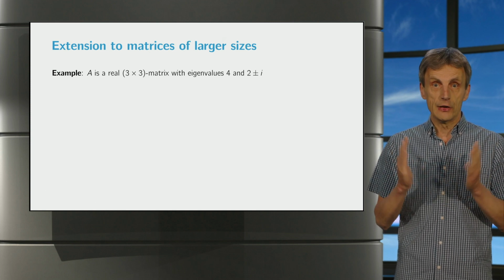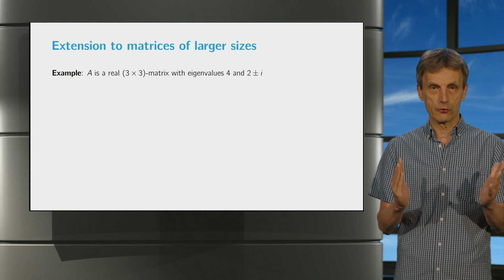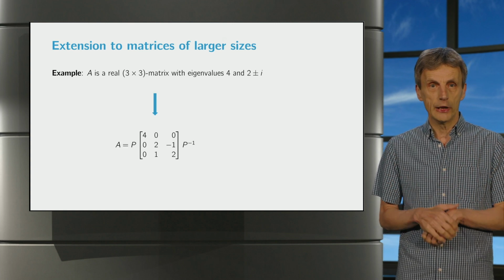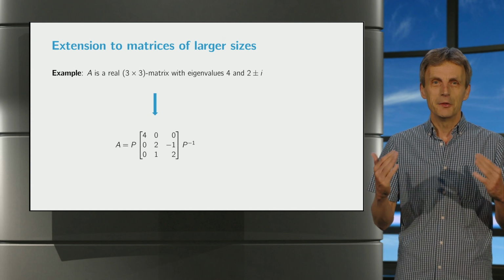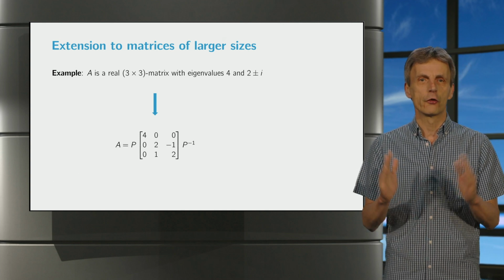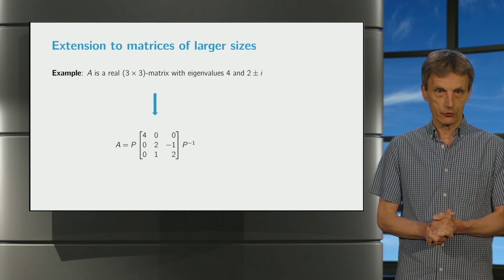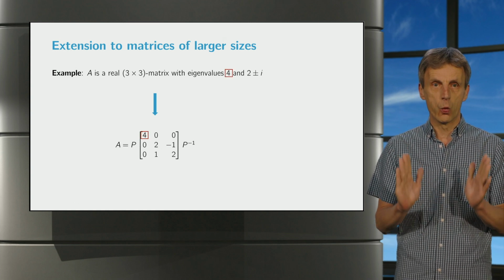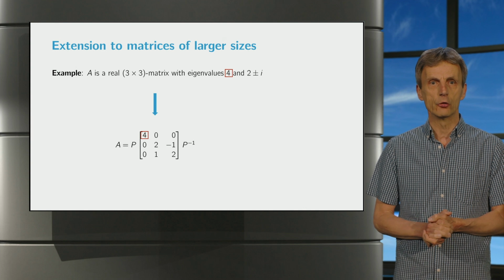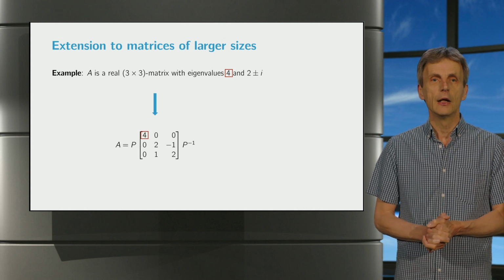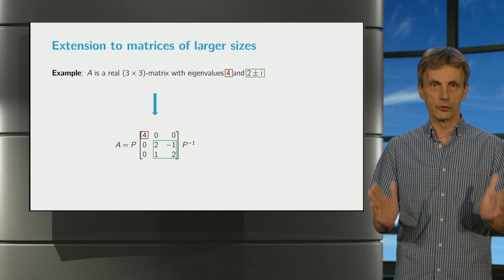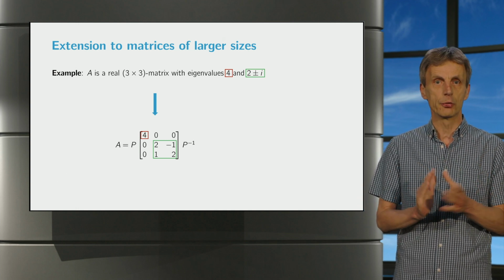Then there exists an invertible 3x3 matrix P such that A is equal to the product shown here. The matrix in the middle is a so-called block diagonal matrix with two blocks on the diagonal, namely one scalar block corresponding to the real eigenvalue 4 and one 2x2 rotation scaling block corresponding to the complex eigenvalues 2 plus or minus i.